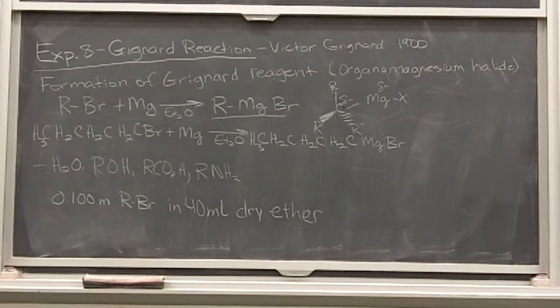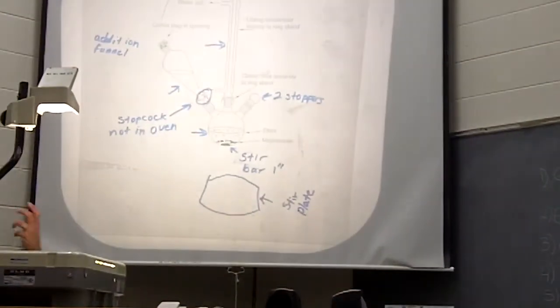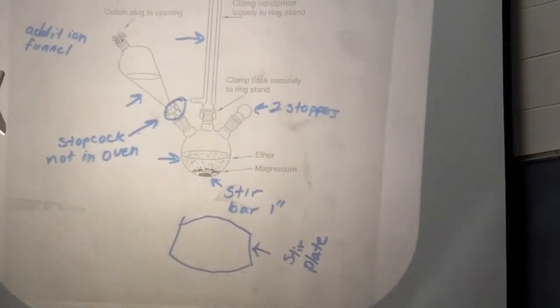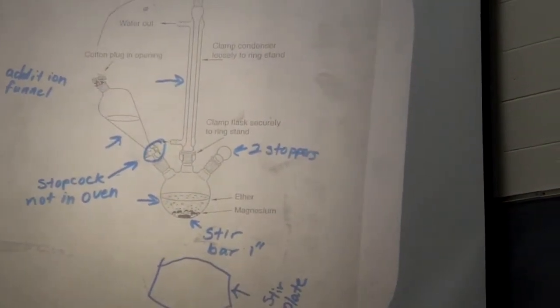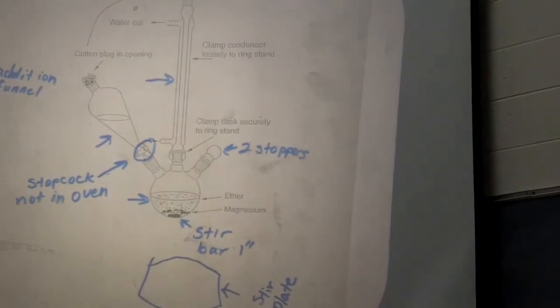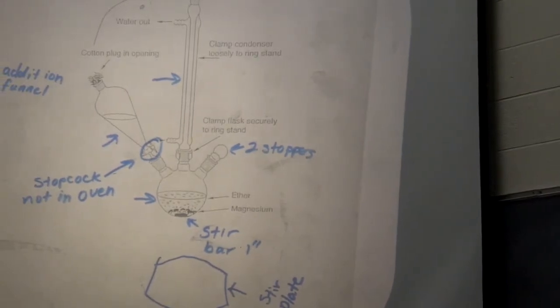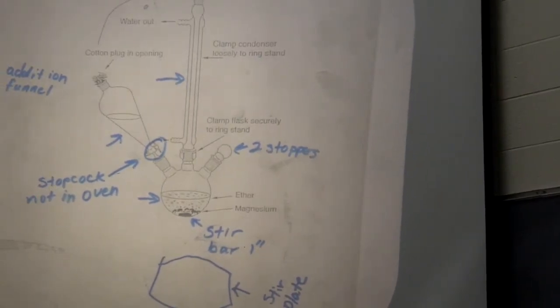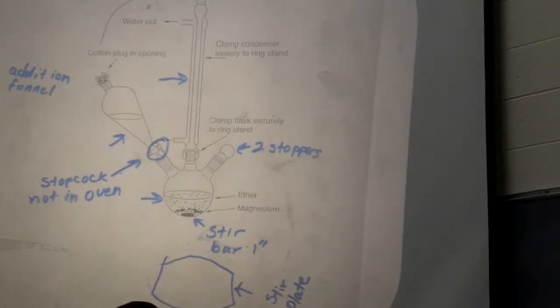So you have to calculate that out because everybody's got a different alkyl bromide. Your alkyl bromides are liquids, so calculate the amount you need in volume, not in mass. What is useful is to have the volume, okay? But you need 0.1 moles in 40 milliliters of dry ether.